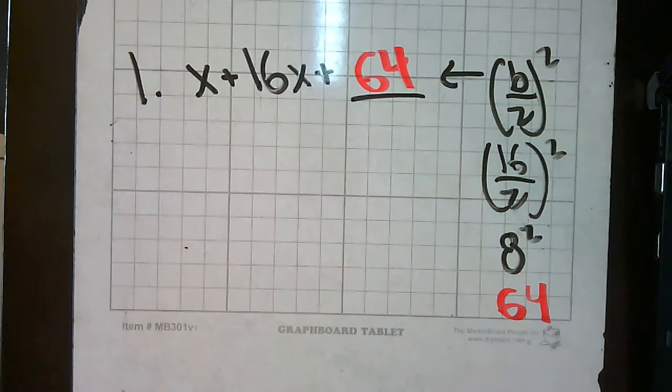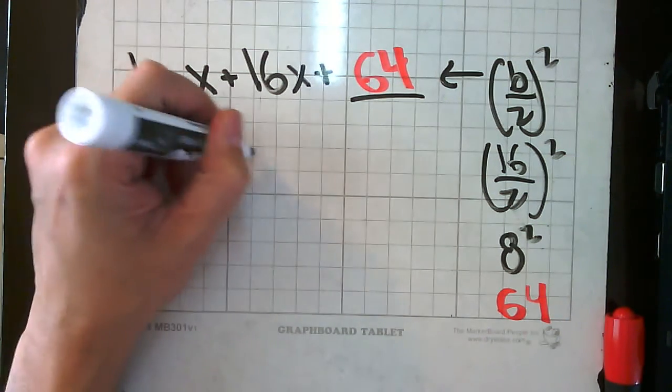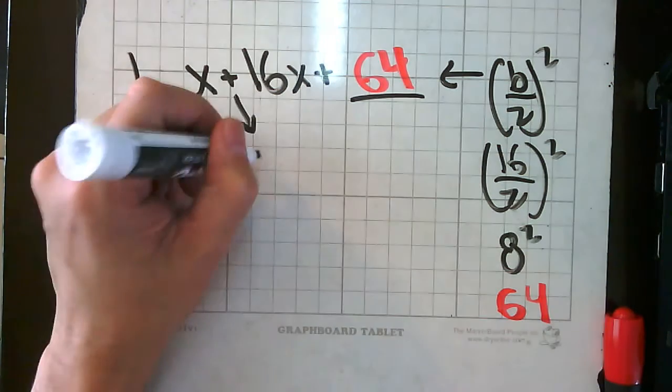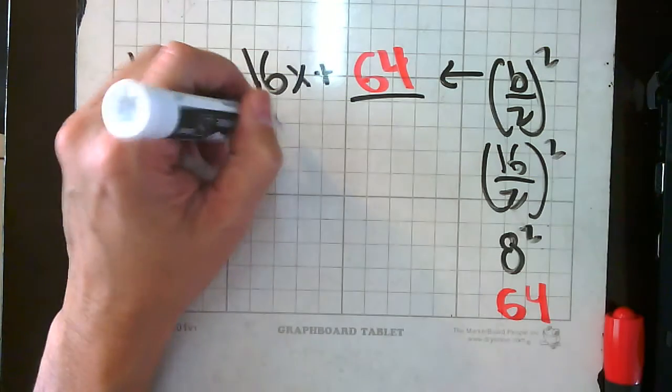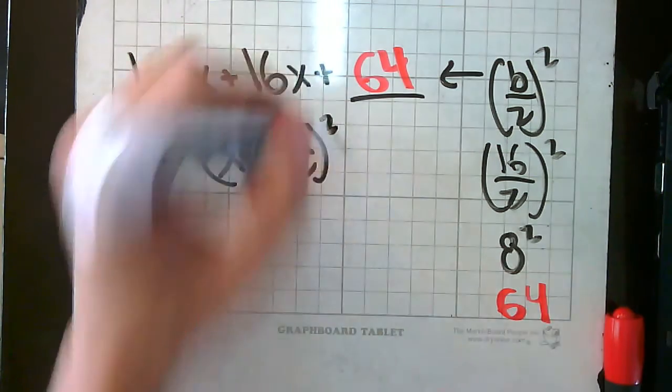So now this creates a perfect square. To get the second part, it's always going to be in the form of, well, we're using x here, whatever sign we have here. So we have plus, and this is going to be b over 2 squared.